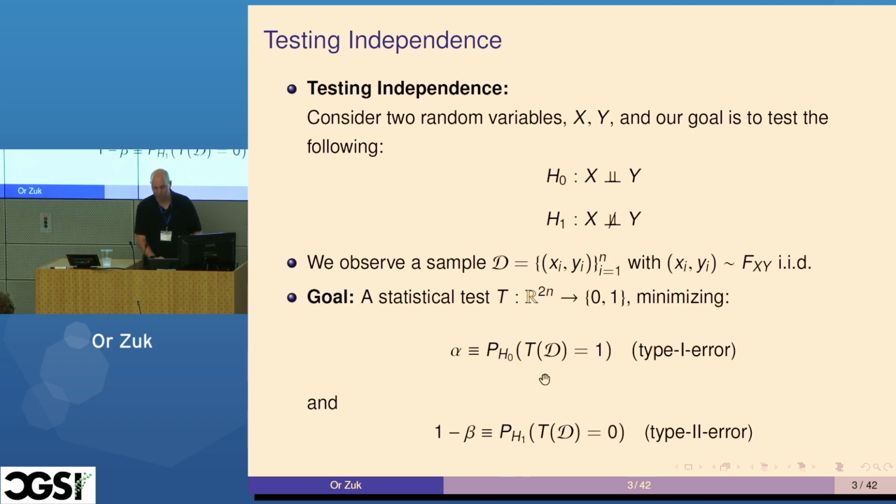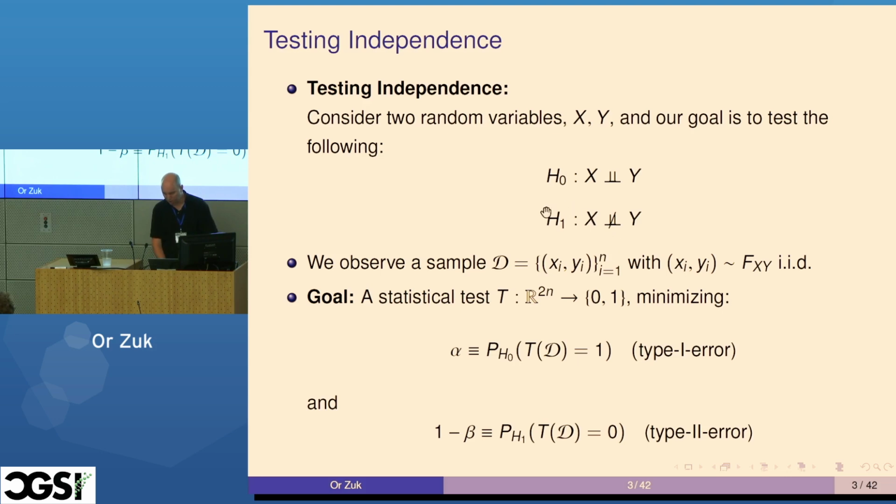And we have the usual things in statistics. So alpha is our type 1 error. 1 minus beta is our power. All right, so that's the first thing. That's how you formulate hypothesis testing in a general case, but specifically here for independence.